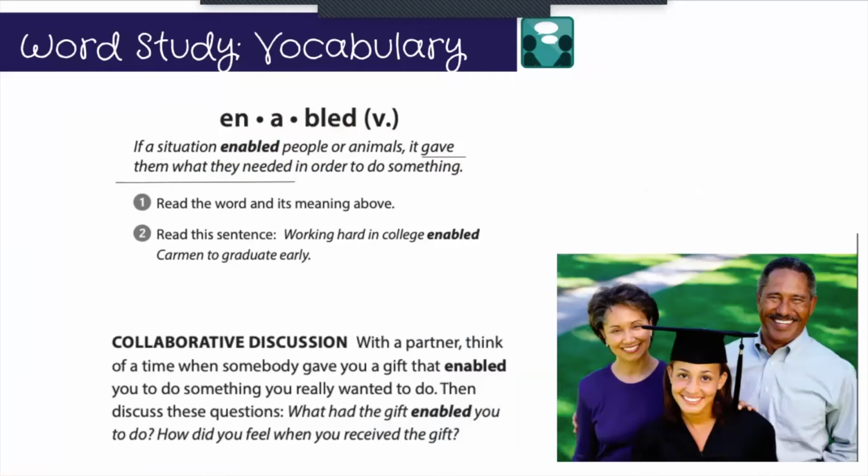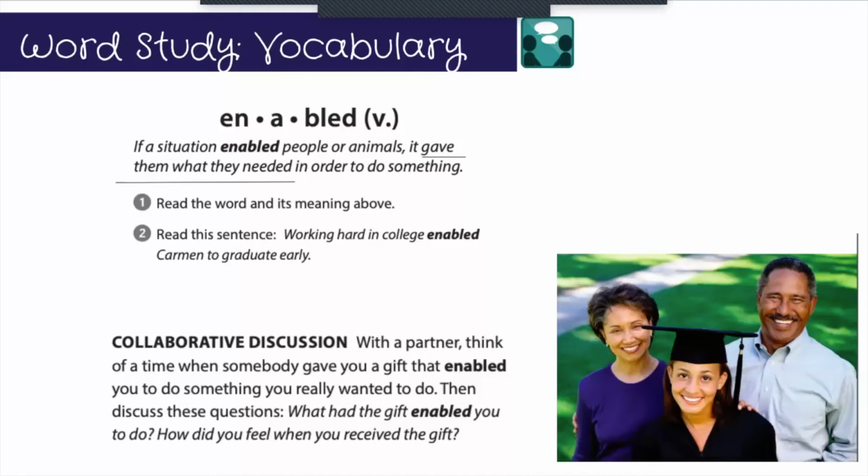Enabled is a verb. And if a situation enabled people or animals, that means it gave them what they needed in order to do something. For example, working hard in college enabled Carmen to graduate early. Enabled.